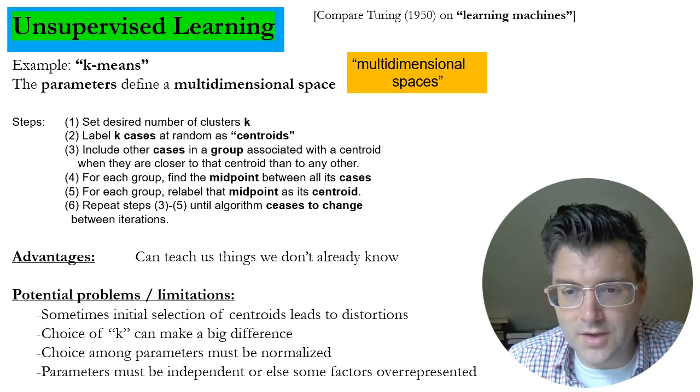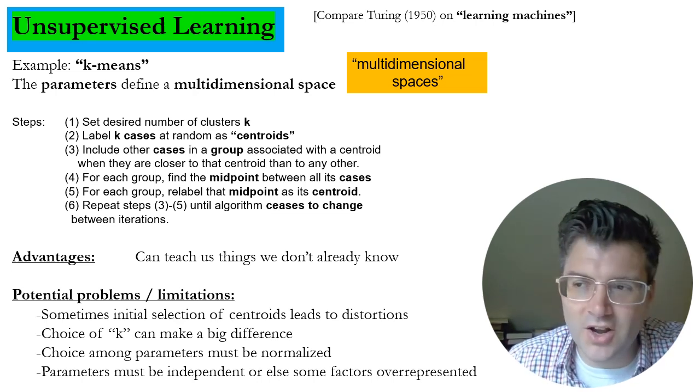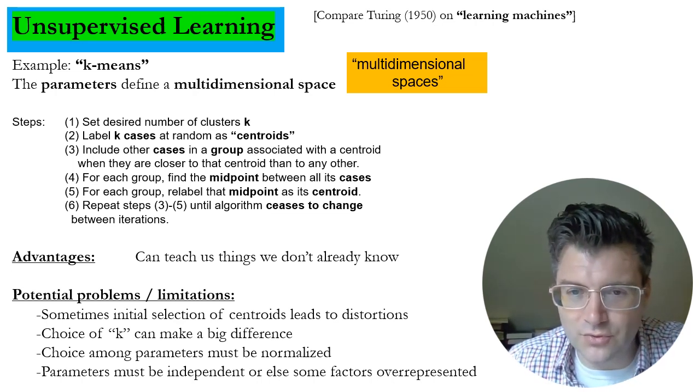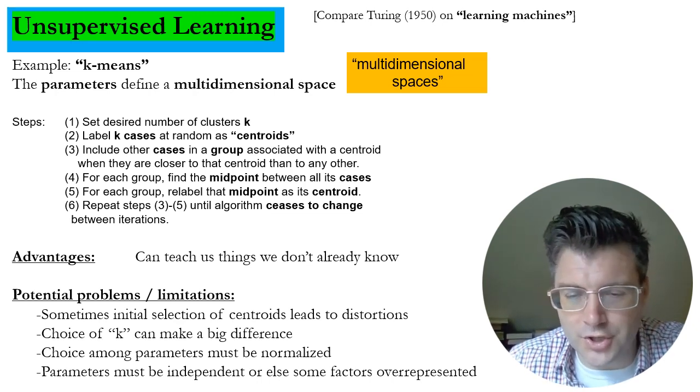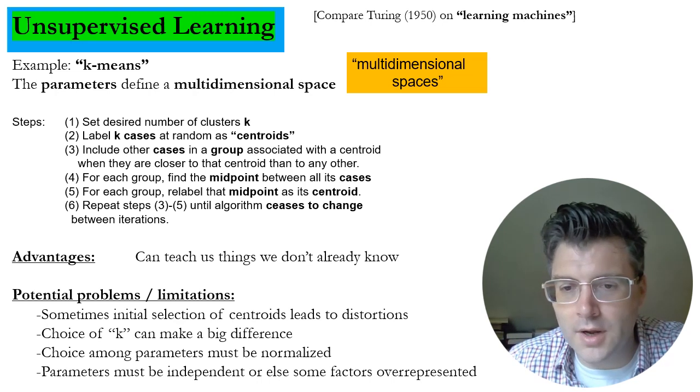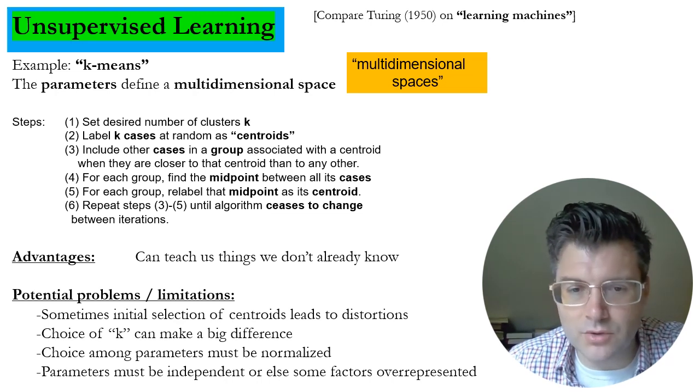And if the clusters look very different in 1 out of 5 times that you've run the program, then that suggests that that's an outlier or a distortion, whereas the other 4 are more revealing about what similarities and differences there really are in the data.